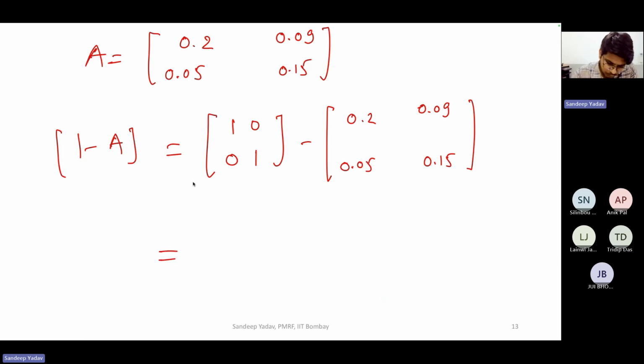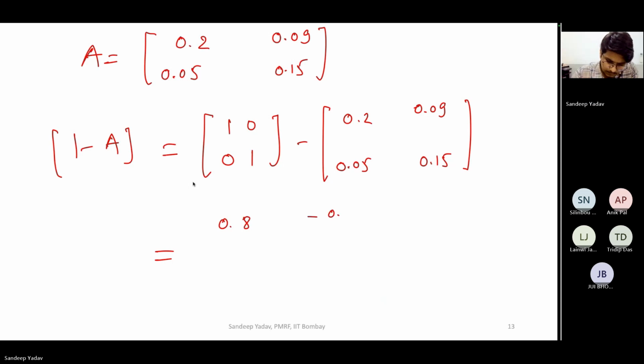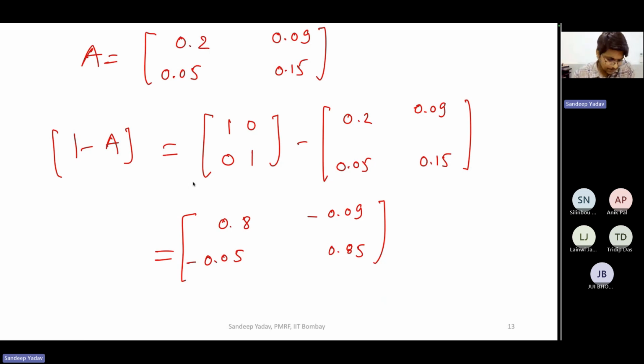When we solve it, it comes out to be 0.8, minus 0.09, minus 0.05 and 0.85. Now it's I minus A, and we will calculate the inverse of that.